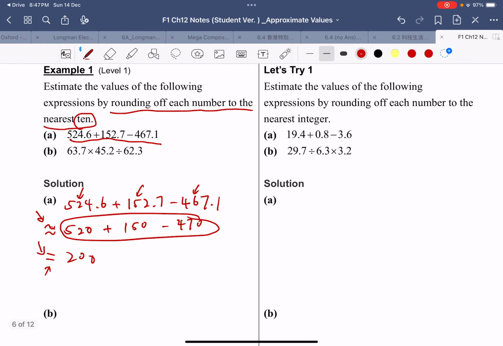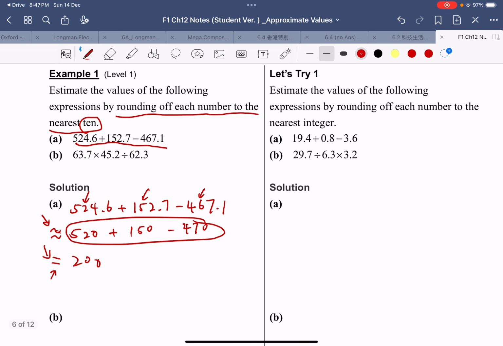Okay, you can do the addition, subtraction on the right. Just pause it, try this. Okay, we are going to round off each number to nearest integer. Just this number, integer, and integer. And then approximately equal to, leave the 4, 20. And then 0.8 becomes 1.